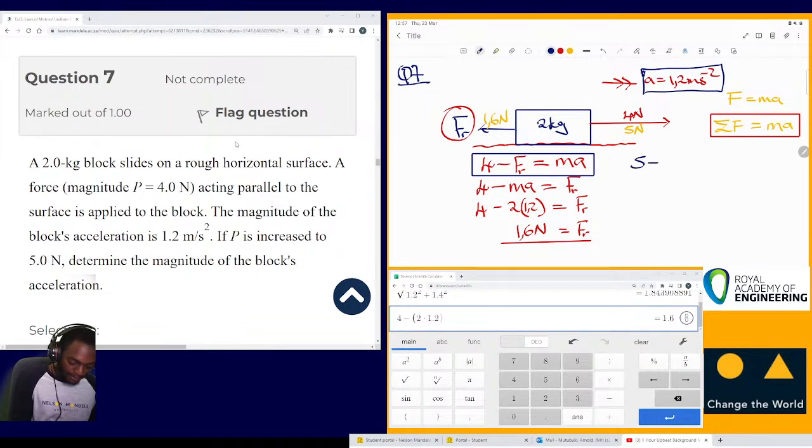That becomes 5 minus the frictional force equals ma, which becomes 5 minus our frictional force, which we have calculated.